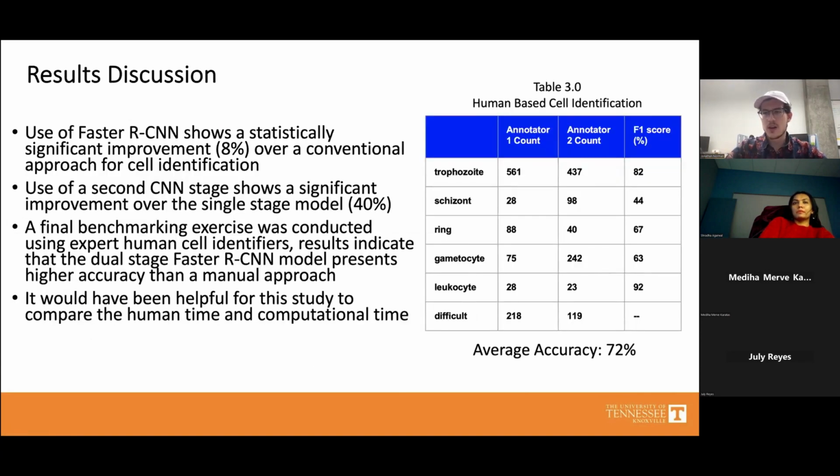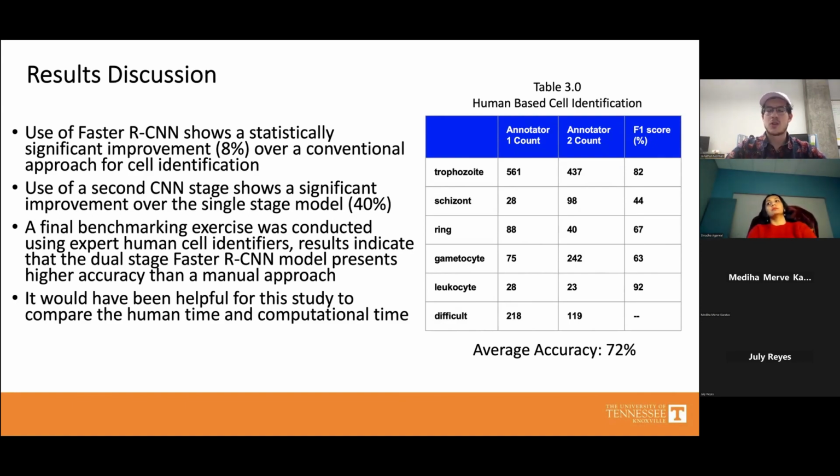Results discussion. One other way of isolating cells from other cells is to use experts who are extremely good at this. To do that in this study, they took two experts from different labs who were experts in malaria cells. On the right here, you can see the average accuracy of 72%, which is quite good, especially compared to the baseline CellProfiler method, which has only 50% accuracy.